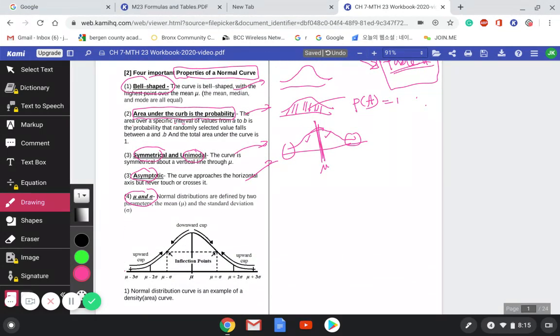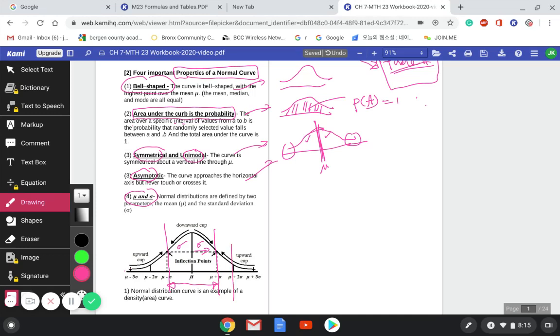And then from the mu, we use a one side distance of the sigma and the other side distance of sigma. So the total distance is 2 sigmas from the mu.